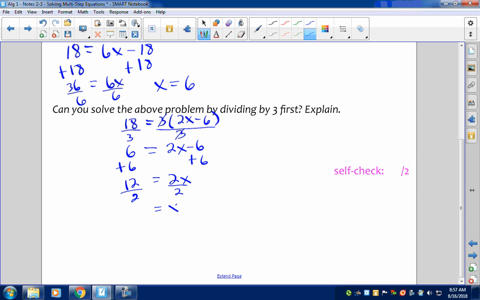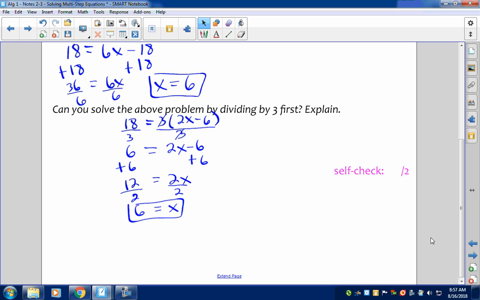So x equals 6. So that worked. That's another option. Instead of distributing on these, you could divide first. That works because we have a product of 2 values here, this 3, and then the 2x minus 6. So it's not a problem to divide each side by 3. Works great.